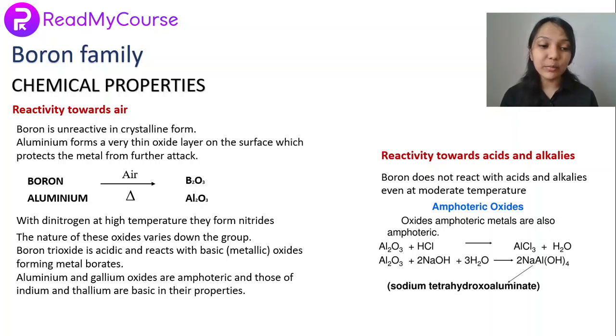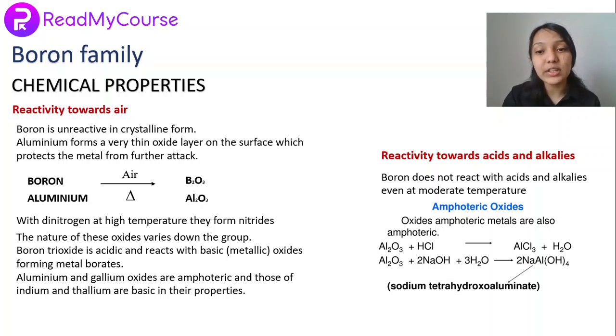In case of aluminium and gallium, we saw they are amphoteric oxides, right? That we can see in these equations, wherein aluminium oxide reacts with HCl to give aluminium trichloride, fine. And then further reactions yield sodium tetrahydroxyaluminate.